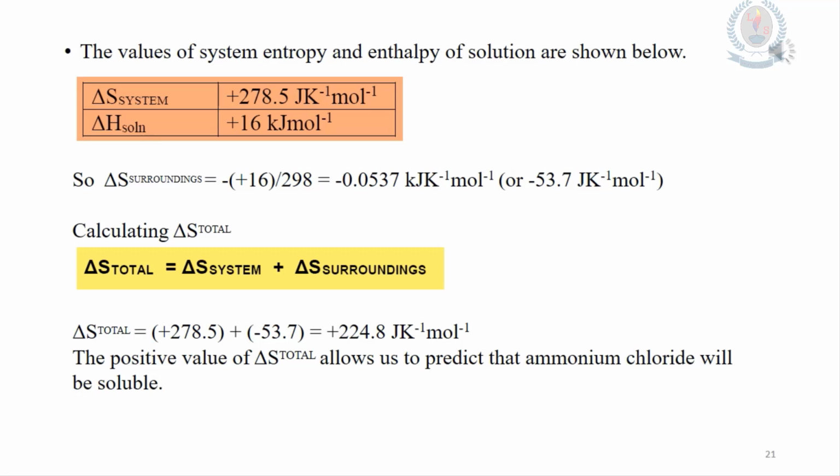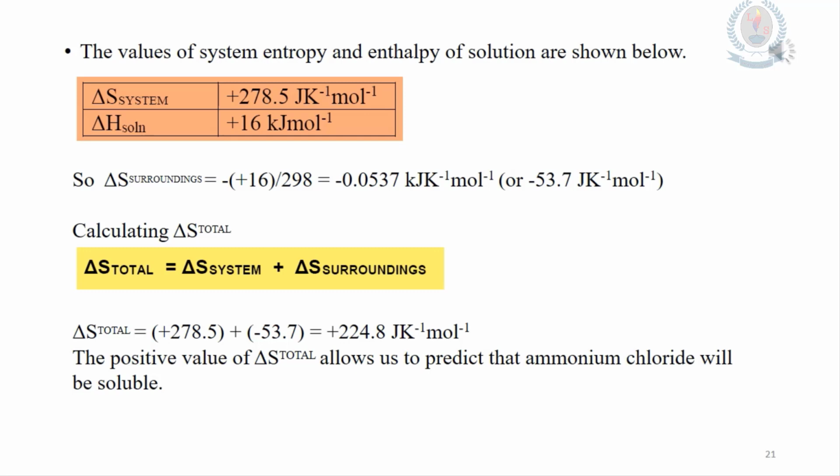Here, the values of system entropy and enthalpy of solution are shown below. Delta S system equals plus 278.5 joule per Kelvin per mole. Delta H solution value is plus 16 kilojoule per mole.